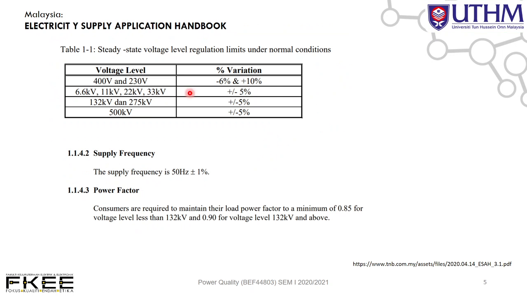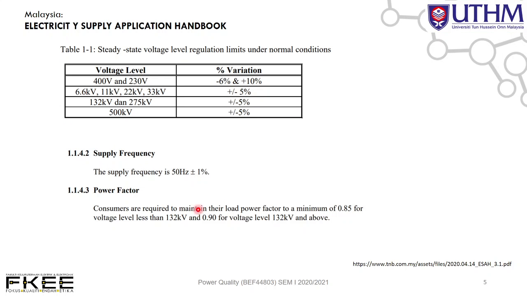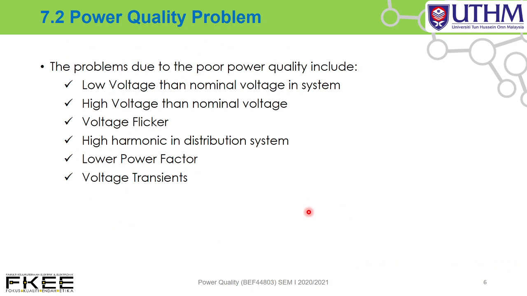This is the nominal voltage, depending on the application. Flicker, we have a voltage flicker, we have harmonics in the distribution system. Harmonics basically come from nonlinear loads. We have a lower power factor, lower than the acceptable value, or we have a voltage transient, maybe due to lightning and so on.